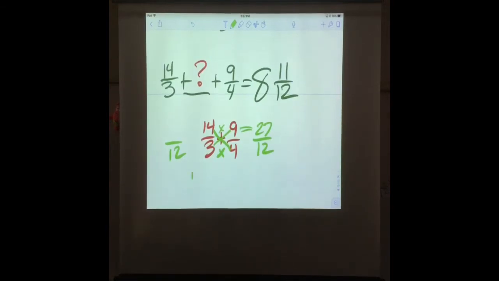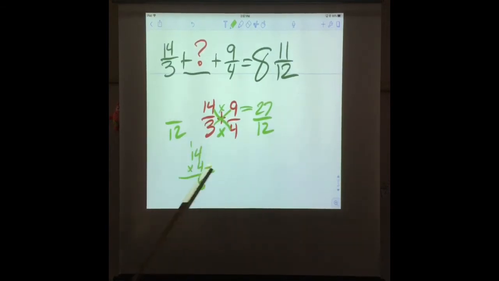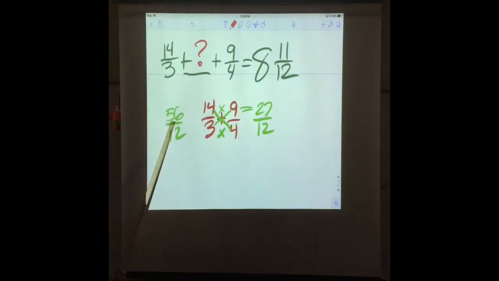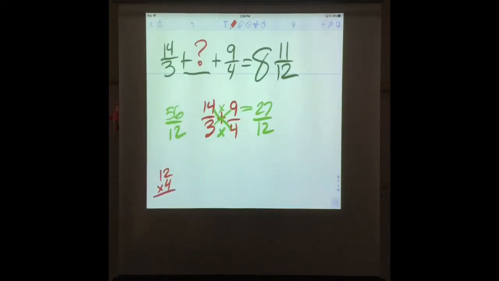Well, that's kind of a big number, isn't it? So 4 times 4 is 16. Carry the 1. 4 times 1 is 4 plus 1 would be 5. 56. This is an improper fraction. How many 12s are in 56? 4 times 12, I would have 48.